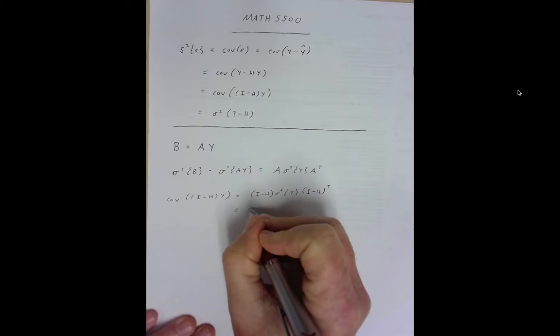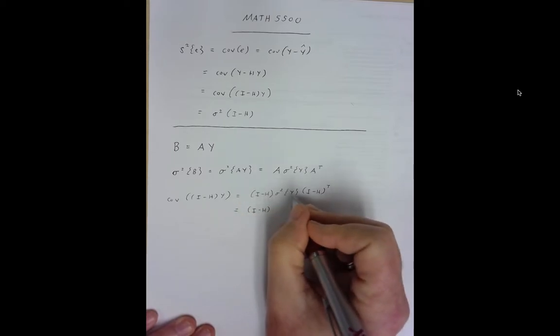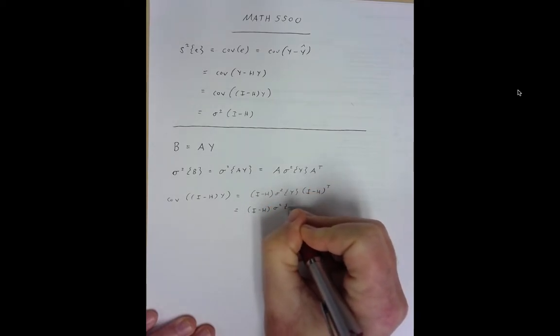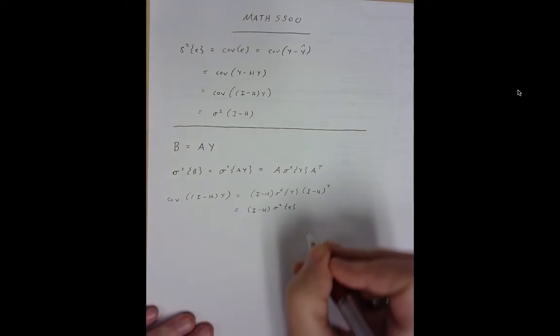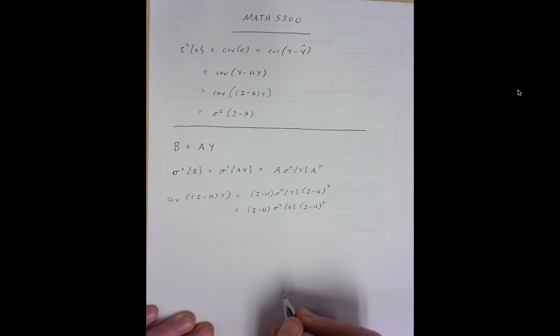Now, one thing we know here is we have I minus H, and the covariance of our Y can be rewritten as the variance covariance of our errors, and I minus H transpose.